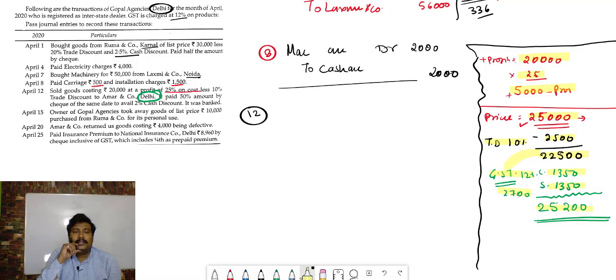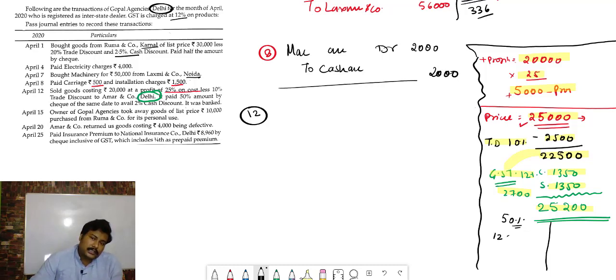Now, it is said that 50% of the amount is paid by Mr. Amar. How much will 50% of 25,200 be? It is 12,600. 12,600 is paid and 12,600 is not paid.